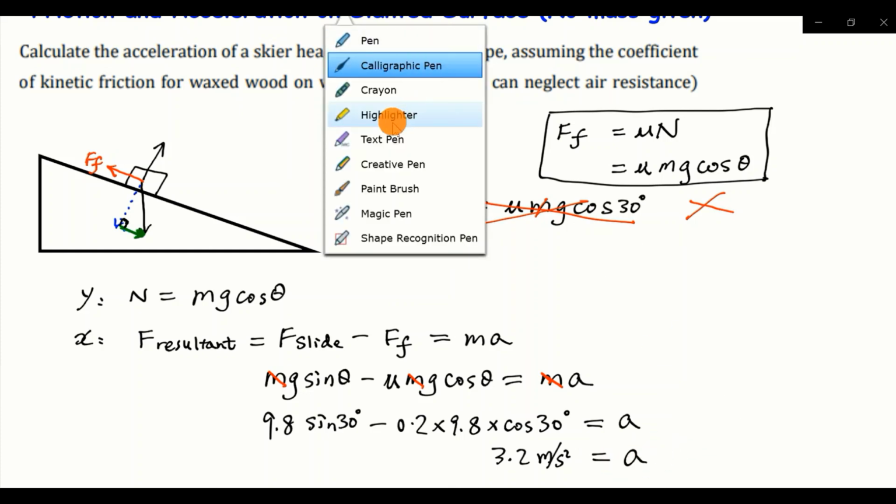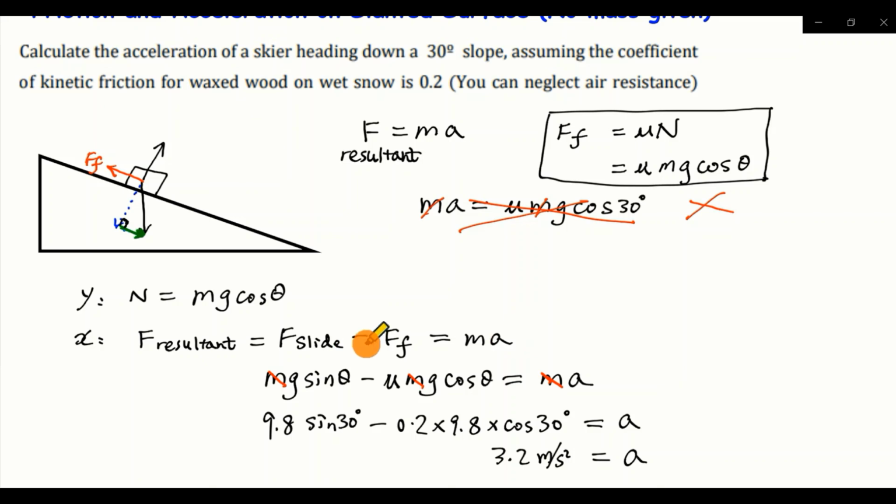To sum up, the main thing you need to be absolutely certain of is that your acceleration formula is resultant force equals mass times acceleration. And the resultant force is the net effect of two opposing forces, the sliding force and the friction force.